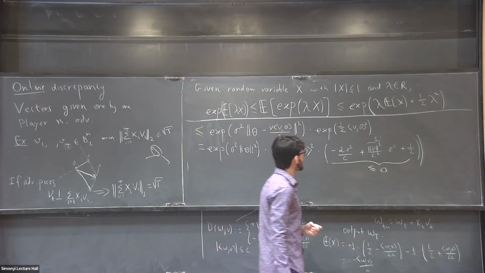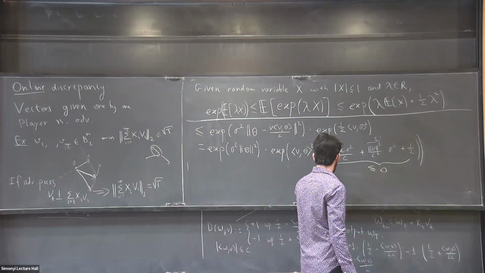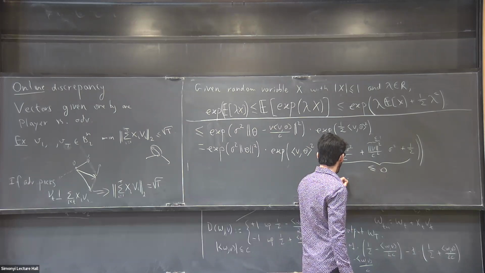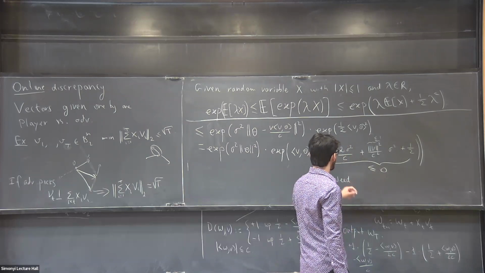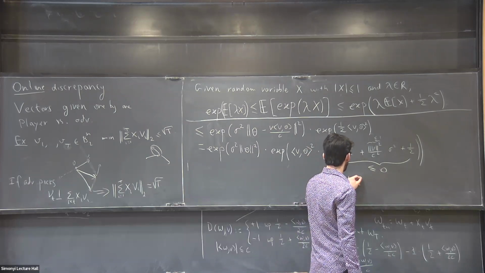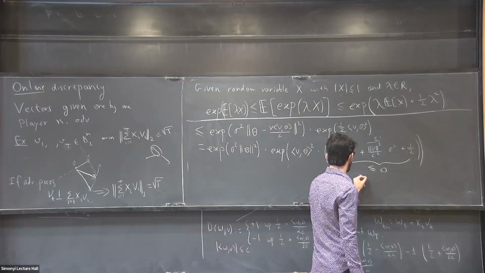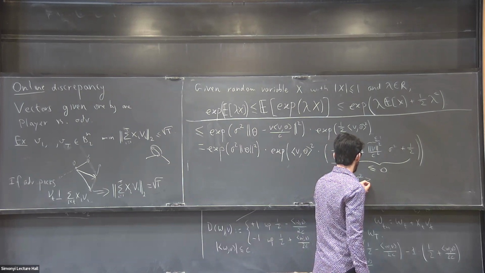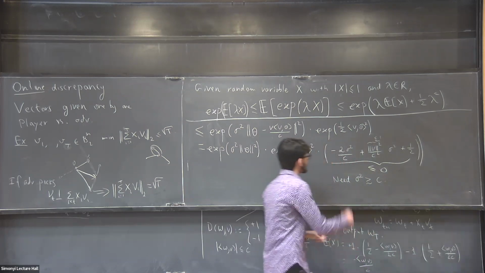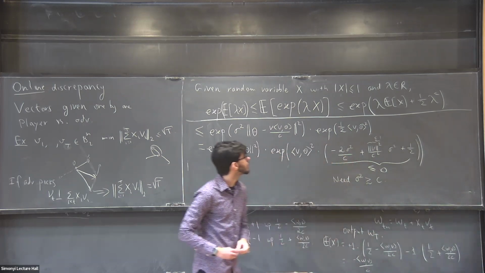Really, if you think about it, you just need to pick this to be large enough. So you just need to pick this term to be much larger than C for this to work.